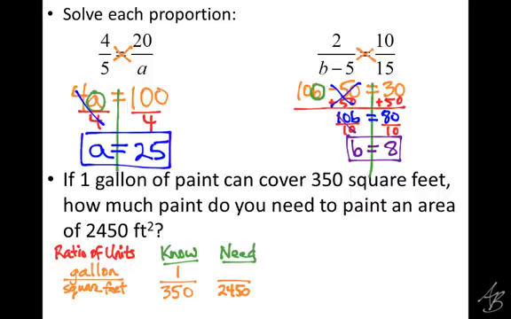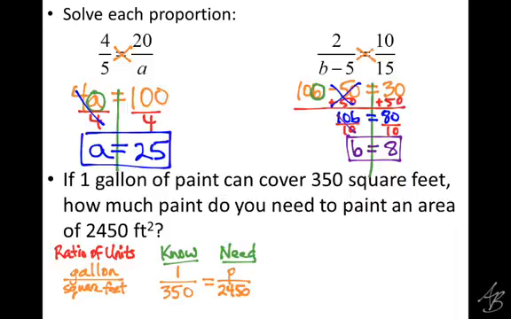It says how much paint do we need, so we could call it a few different things. If we're looking for an amount of paint, we're going to be measuring it in gallons, so you might call it G. Since we're looking for an amount of paint, you might call it P. If you're the kind of person that just likes to use X for a variable for everything, then you could put X there. I'm going to go ahead and put P here for how much paint we're looking for.